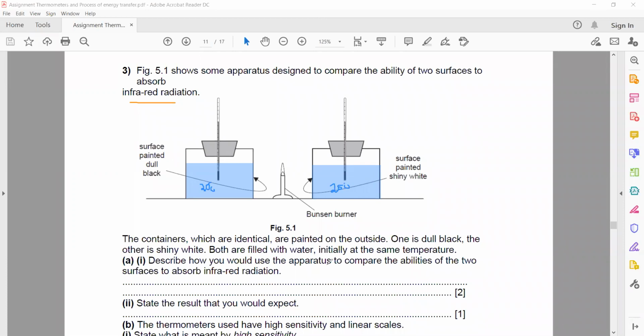Describe how you would use the apparatus to compare the ability of the two surfaces to absorb infrared radiation. So how can you compare which one is a good absorber, which one is a poor absorber?